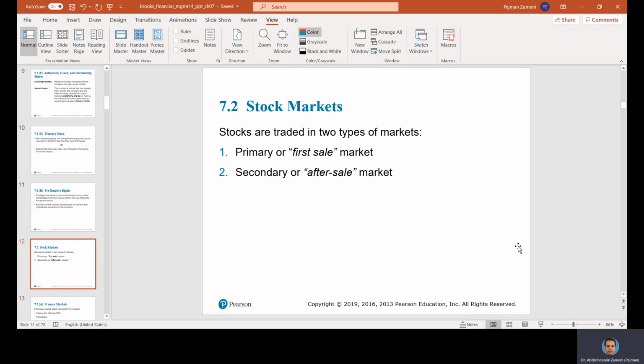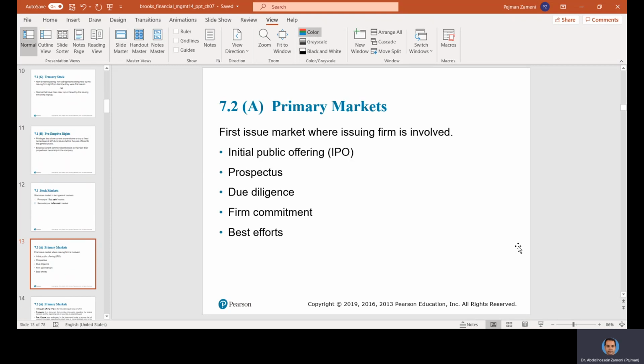Okay, stock markets. Stocks are traded in two types of market, primary market and secondary market, or they call it first sale and after sale. Okay, what is the primary market? The first issue market where the issuing firm is involved: initial public offerings, prospectus, due diligence, firm commitment, and best efforts.